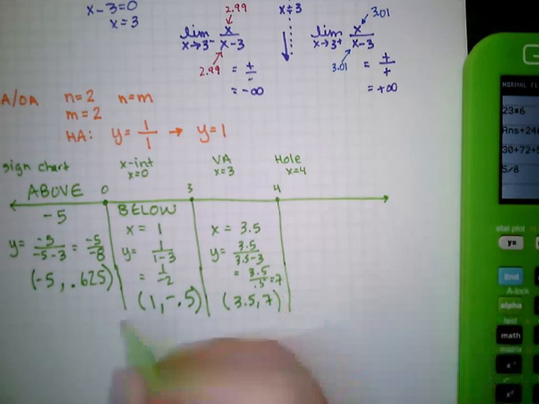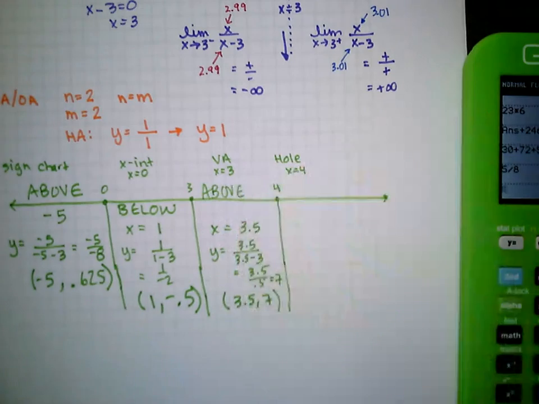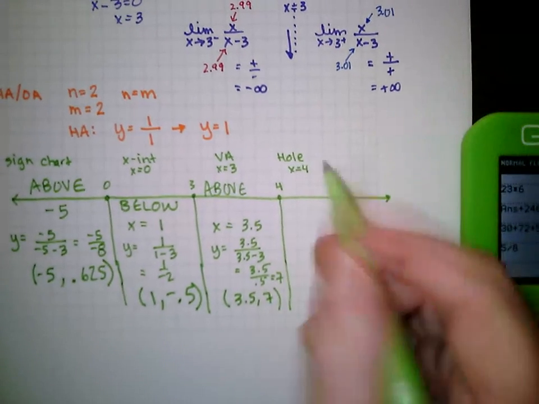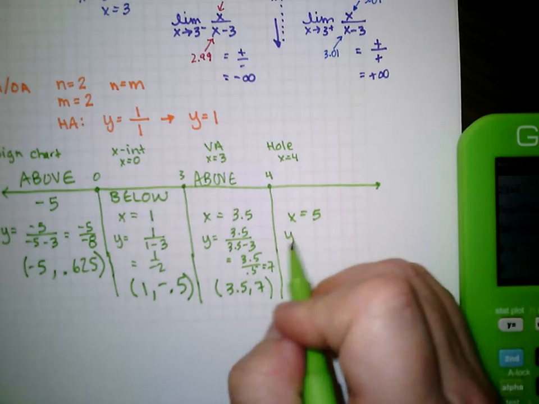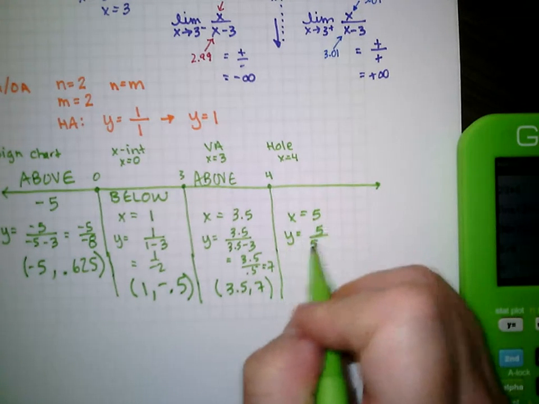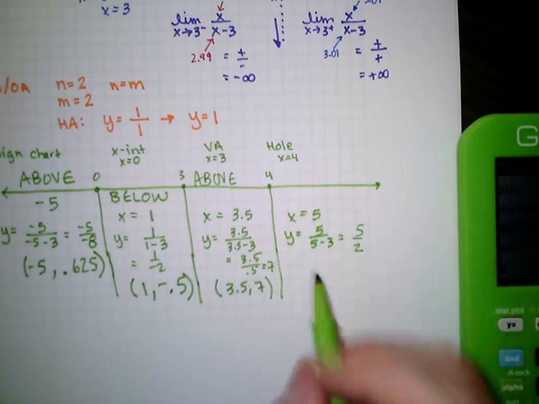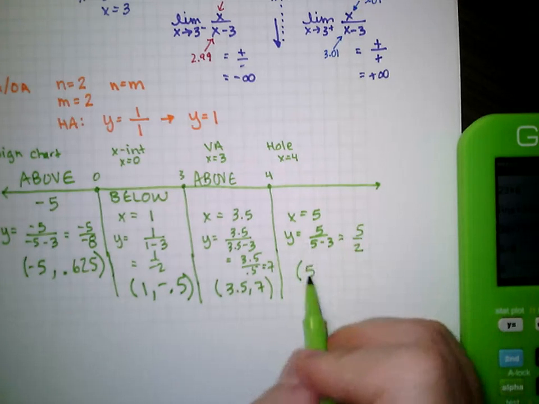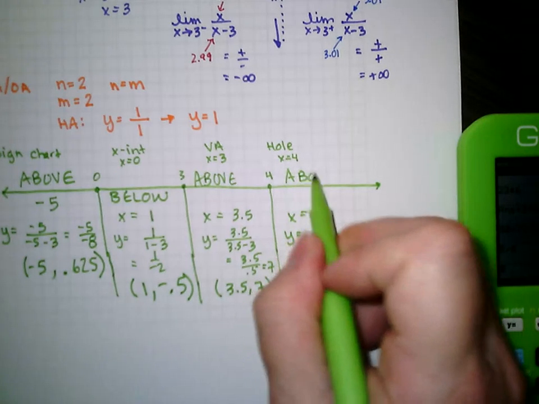Since that's positive, my graph is again above the x-axis. And then between 4 and infinity, so maybe 5. So y would be 5 over 5 minus 3, which is 5 divided by 2. So that ordered pair would be 5, 2.5, which keeps my graph above the x-axis.